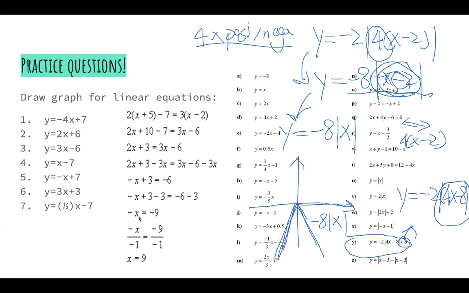Since it is moved to the right for 2 units, we move it to the right for 2 units, and we then move it up for 3 units, like this. So here is this point. So we graph it again, and this is how this function looks like. So we finished all the 5 questions.